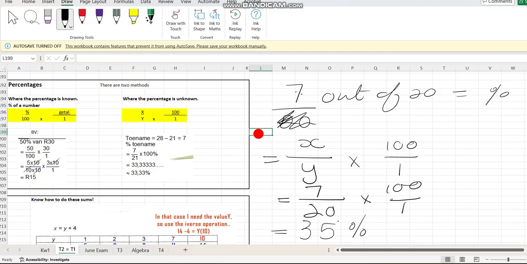Is it Rand? Is it cars? Is it money? Whatever it is, millimeters, centimeters? You need to tell me what it is, because there are sums where you guys are going to start losing points if you don't tell me, listen, this amount stands for this. Okay, so just please keep that in mind always.